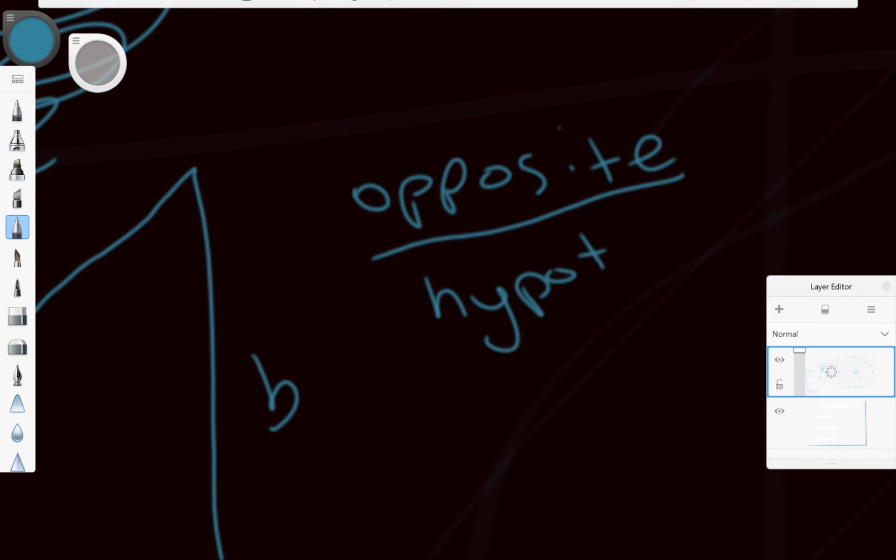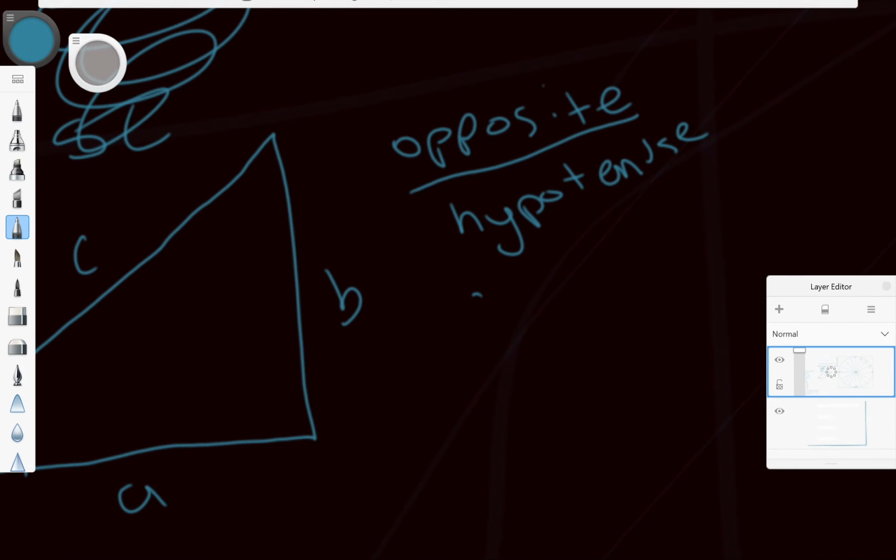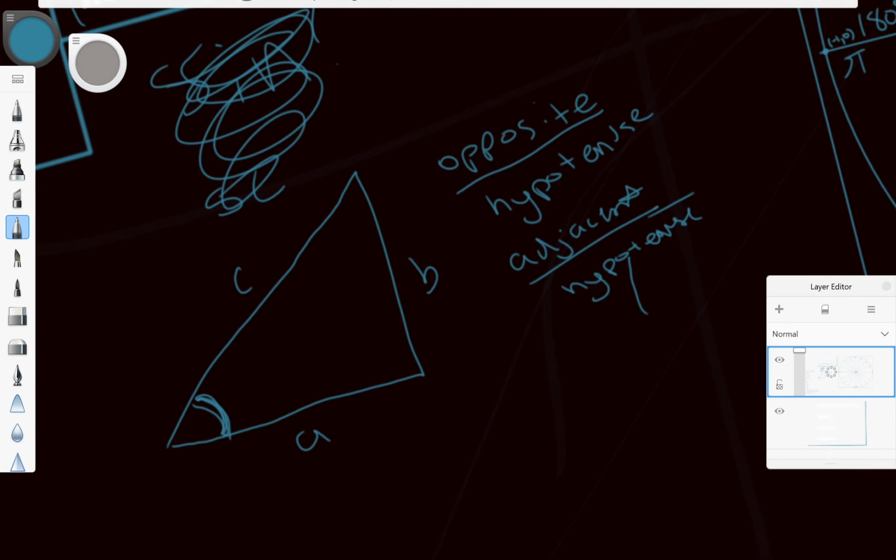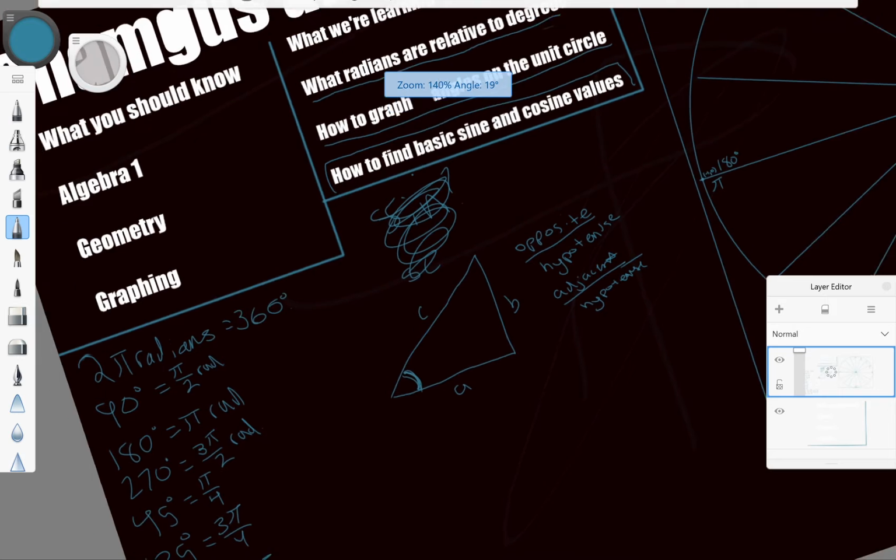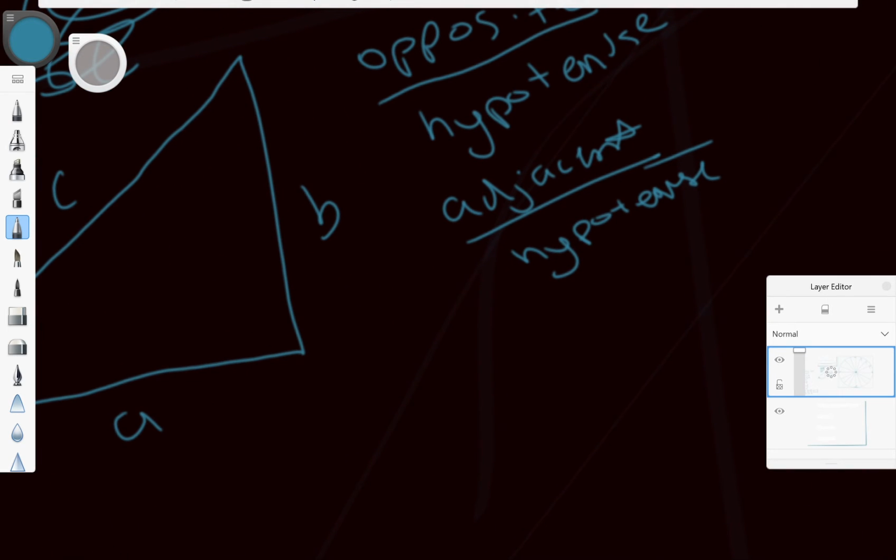Cosine is going to be adjacent over hypotenuse. And tangent, which we'll work with later. First, let's just start with sine and cosine, because tangent is very simple to calculate. Tangent is going to be opposite over adjacent.